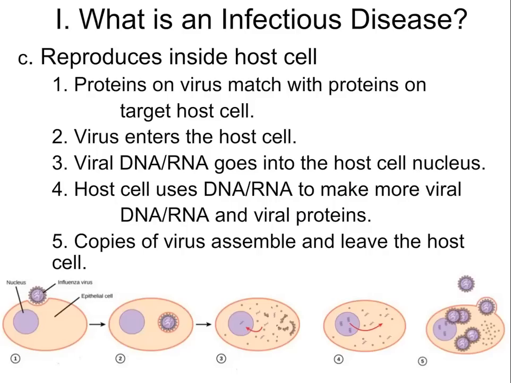If the host cell has the right proteins to match up to the virus's proteins, the virus can dock onto that host cell, and then it can enter the host cell. Once that virus has entered the host cell, the viral DNA or RNA, depending on what it has, goes into the host cell nucleus. And there it's treated like human DNA or RNA.